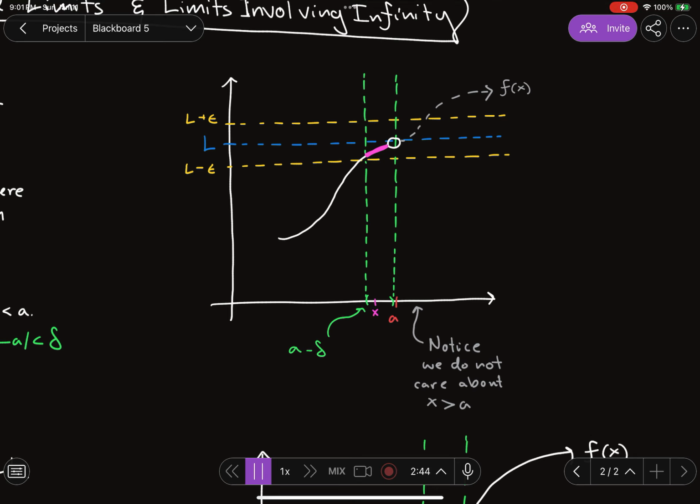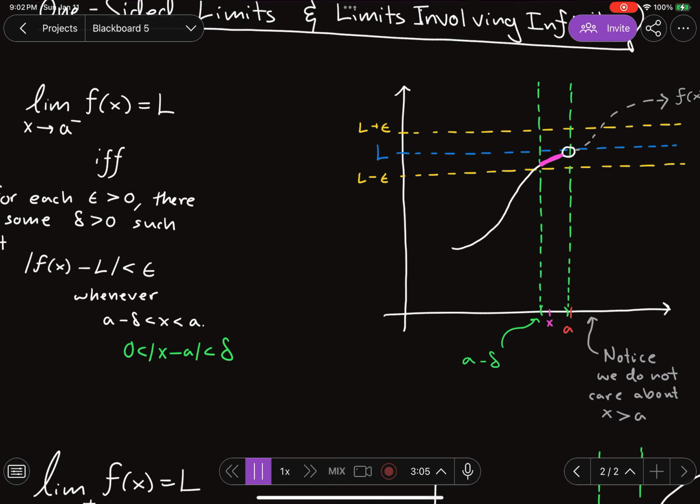In the typical definition of a limit, you would also have the delta neighborhood on both sides, and you'd be able to observe x values and where f of x is on either side of the limit. But in this case, we're only concerned about this left-handed little delta neighborhood, and that's why we have this notation, this right here. We only care about the left side of a, and we go delta away from a.